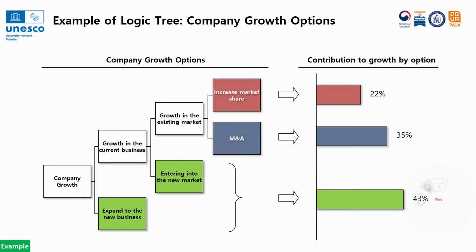Growth in the existing market means you are selling the identical product to the existing customers a little more aggressively. And entering into the new market means you are still selling the existing product, but you sell those products to new customers or new generations. For example, the target of our product is in their 40s and 50s.